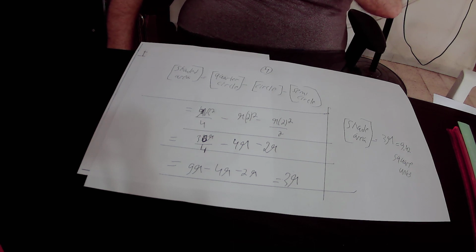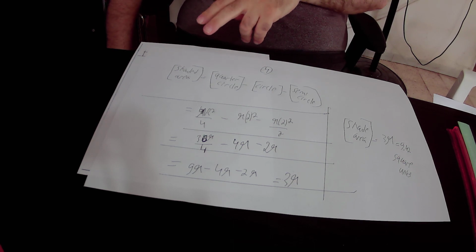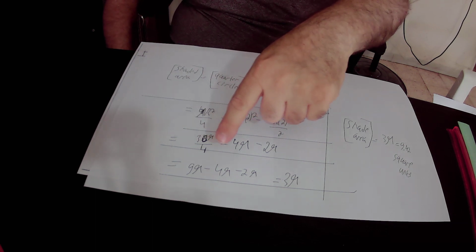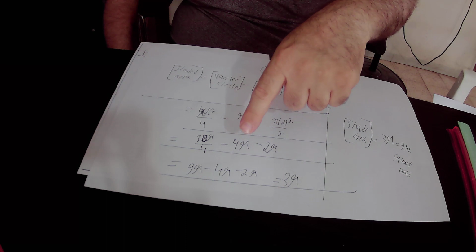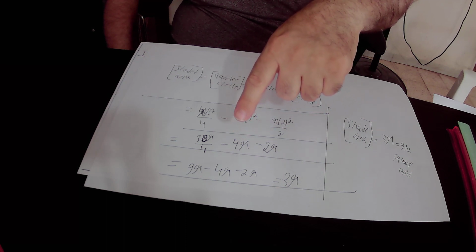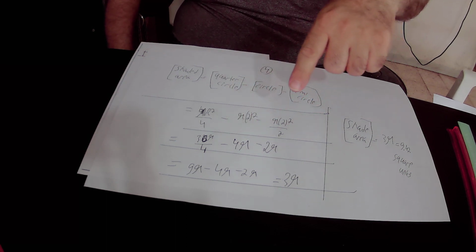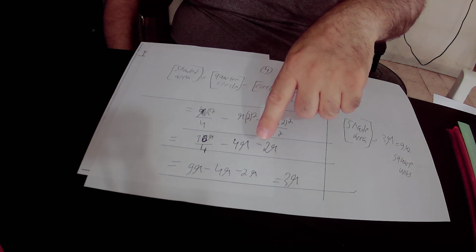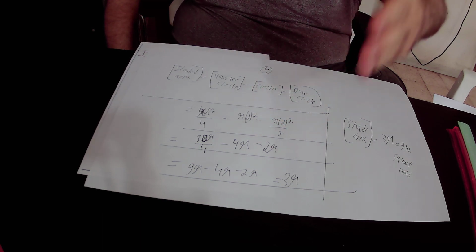So the value of the shaded area equals the area of the quarter circle, that is 9 pi, minus 4 pi, that is the area of the circle. 9 pi minus 4 pi is 5 pi. 5 pi minus the area of the semicircle, that is 2 pi. 5 pi minus 2 pi is 3 pi.